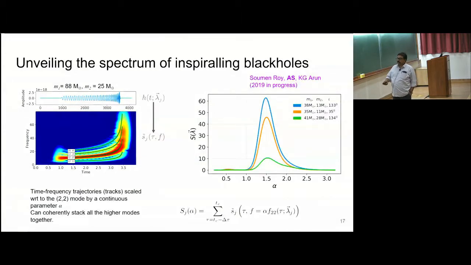And in doing so, you can coherently stack all the higher order modes. So for instance, here is a plot which shows the stacked energy as a function of this parameter alpha. And you see for different systems, the energy basically sits exactly at the right alpha. This uses a time frequency representation of these signals, and here's an example of that.